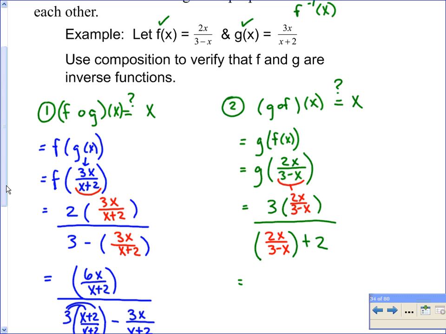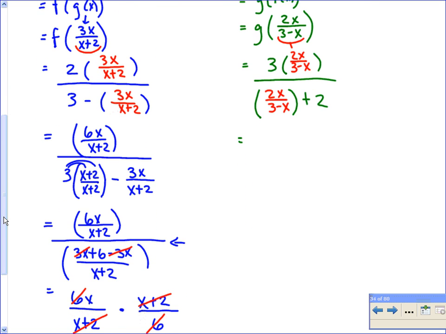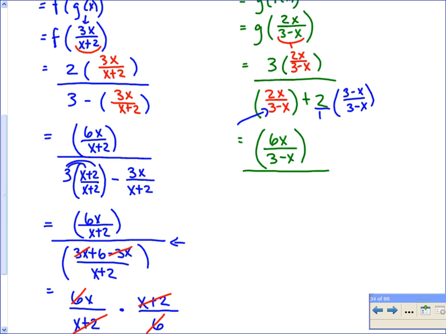So in the numerator, I get 6x over 3 minus x over, and then in my denominator, again, I'm going to need to get a common denominator. So that means I need to multiply this guy by 3 minus x over 3 minus x, because that's the denominator here, and the denominator of the 2 is 1.